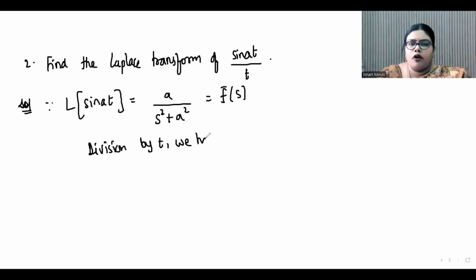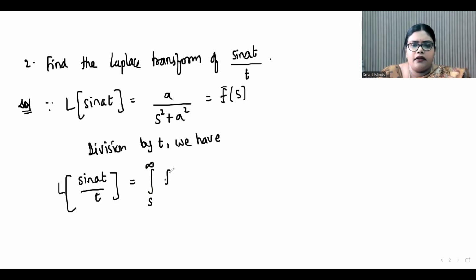Division by t, what do we have? L of sin at by t is equal to integral s to infinity f bar of s ds. That is integral s to infinity a by s square plus a square ds.